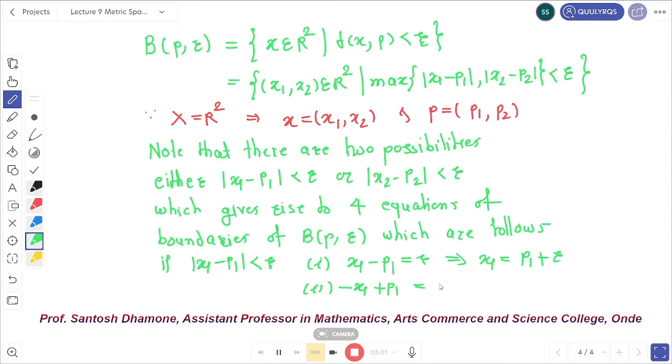These are the four equations given by two possibilities.